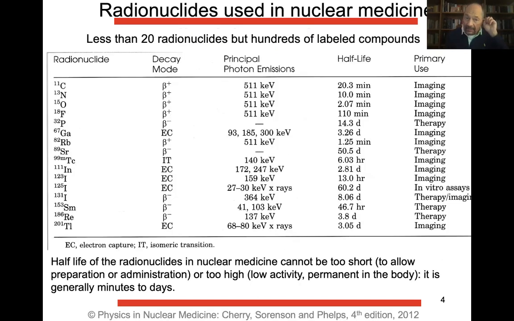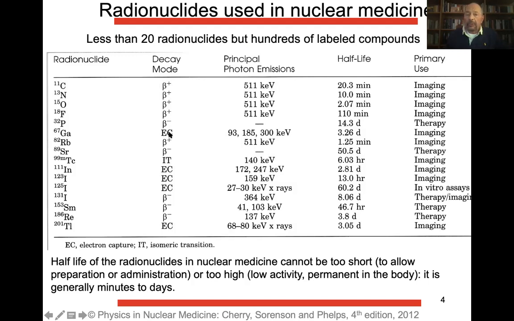Now, this is a very interesting list of radionuclides used in nuclear medicine. It's not exhaustive, but you see, it's almost exhaustive. And you see the applications. Most of them are for imaging. Some of them are for therapy or just for research, like in vitro assays. You see that in most cases, you exploit beta decay, either beta plus decay. These are all beta plus emitters for imaging, for PET. We will see positron emission tomography. Beta minus.